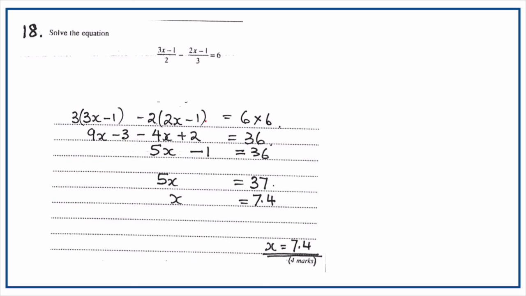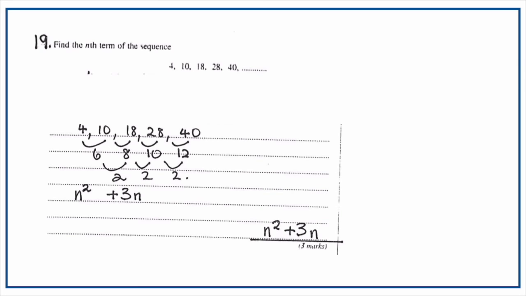Question 19, find the nth term of the sequence 4, 10, 18, 28, and 40. So the first differences: 10 minus 4 is 6, 18 minus 10 is 8, 28 minus 18 is 10, 40 minus 28 is 12.